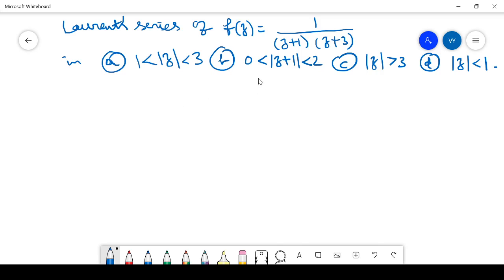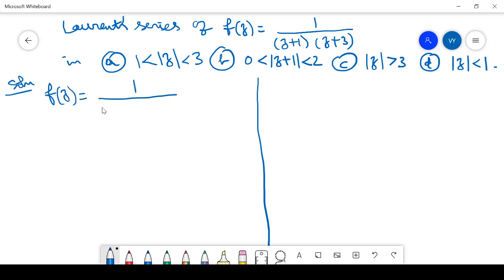Before proceeding with the solution, we first use partial fractions to separate f(z) into linear factors. So I'll have A/(z + 1) + B/(z + 3).